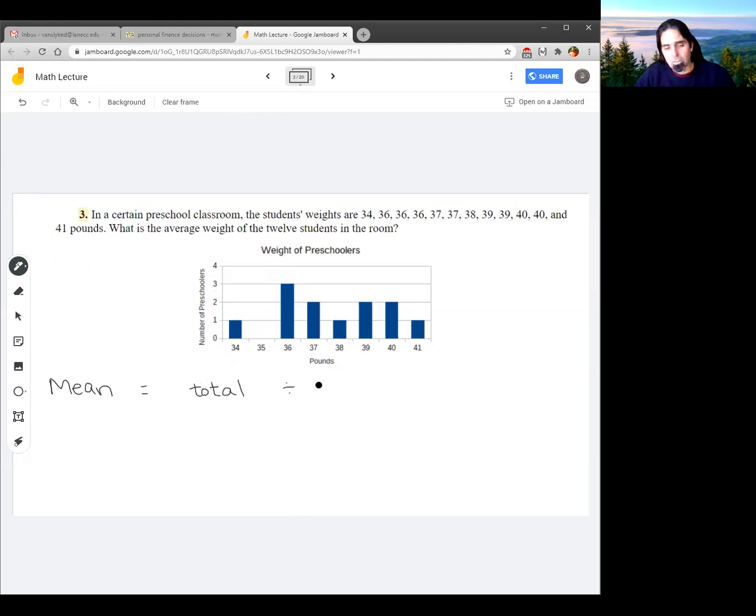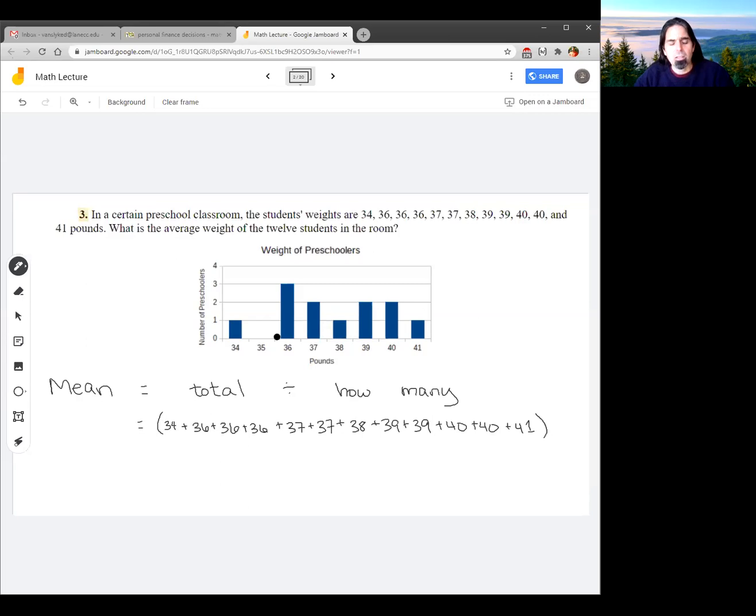We'll add them all up and divide by how many. So this is a bunch of adding. We'll have 34 plus 36 3 times, plus 2 37s, plus a 38, plus 2 39s, plus 2 40s, and a 41.